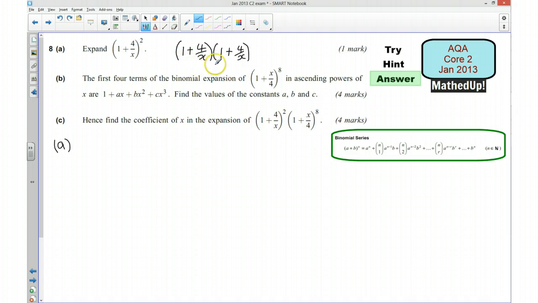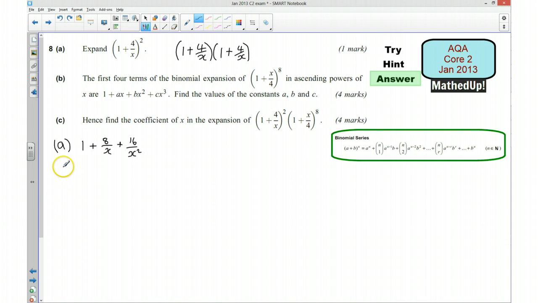So 1 times 1 is 1, and then I've got 1 times 4 over x and another 4 over x times 1, so altogether that's going to be 8 over x, because I've got 2 lots of 4 over x, and then I've got 4 over x times 4 over x, so 4 times 4 is 16 and x times x is x squared, so I've got plus 16 over x squared.